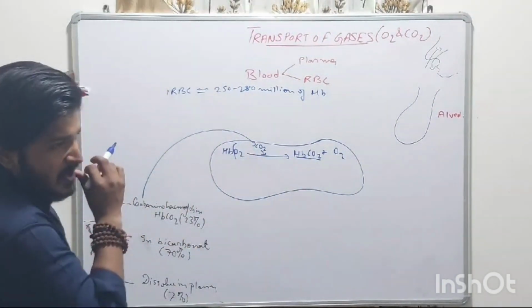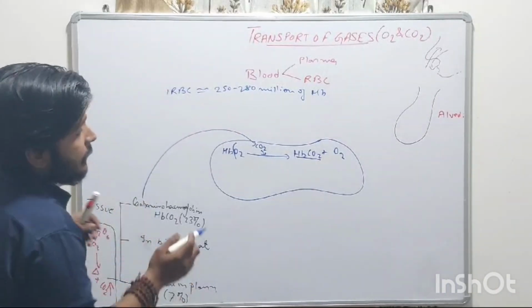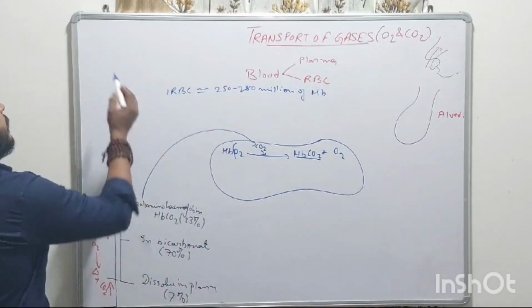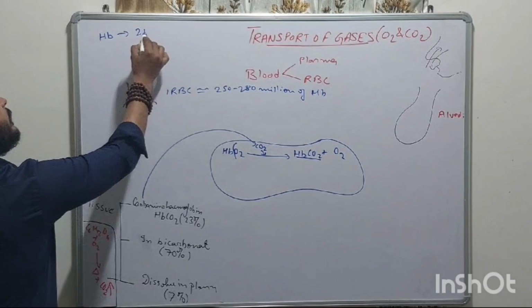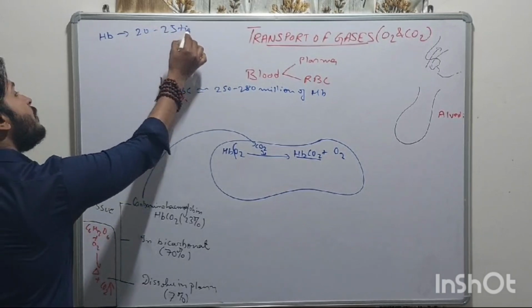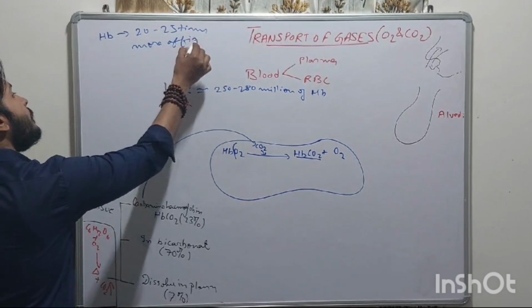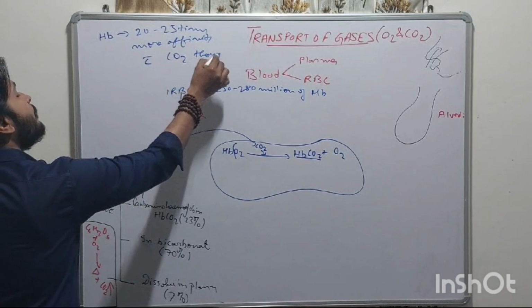Why is it so, sir? Why does this happen? Why is the CO2 capable of breaking the bond of HbO2? NCERT writes that hemoglobin has 20 to 25 times more affinity with CO2 than O2.